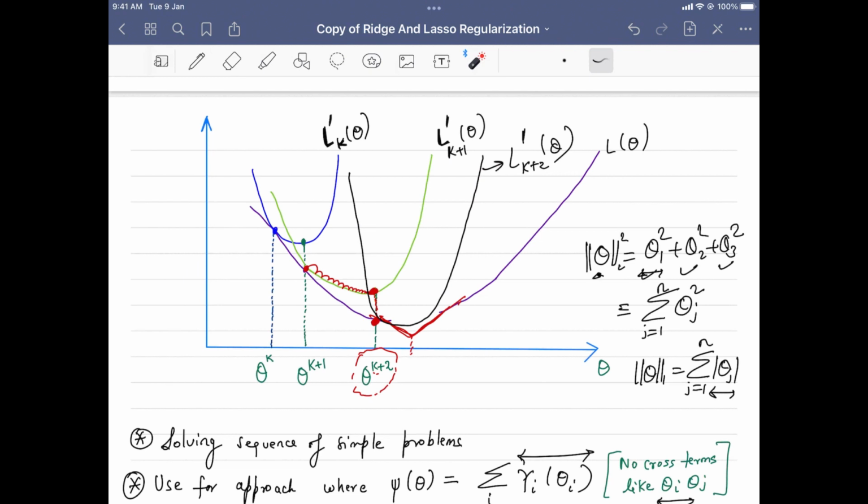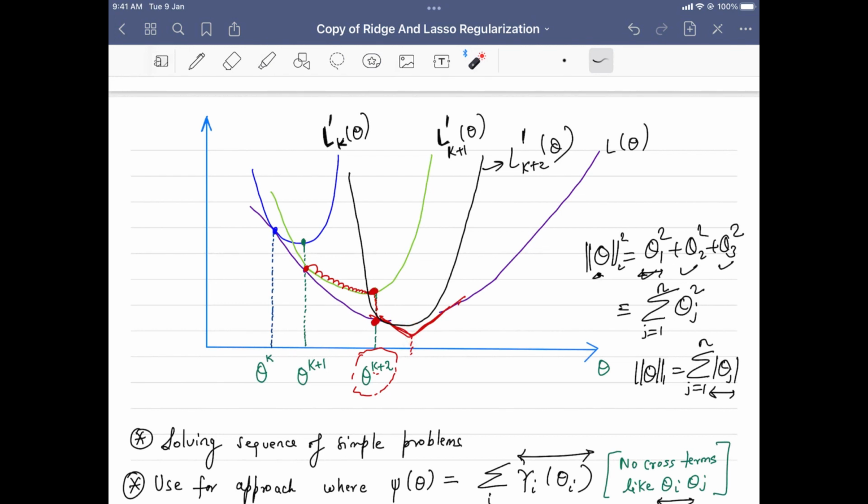At the extreme point where you have this discontinuity, if you consider this black function and initialize your gradient descent at this black convex function, then you can go for gradient descent very easily, and you will reach the minimum of this black function. Then once you are at this point, you can project back onto the original loss function L theta, and you will get to the minimum value.